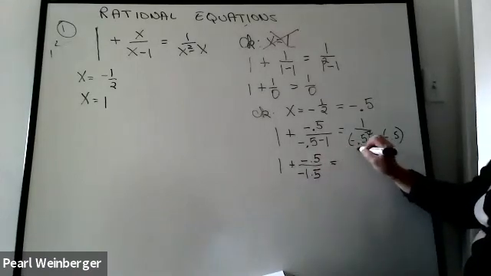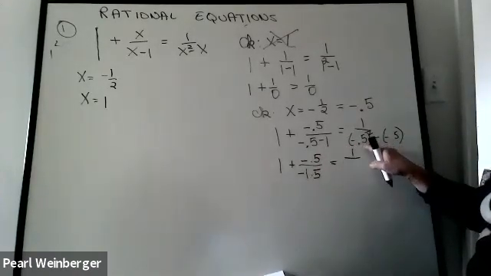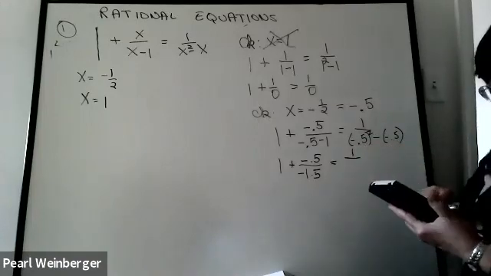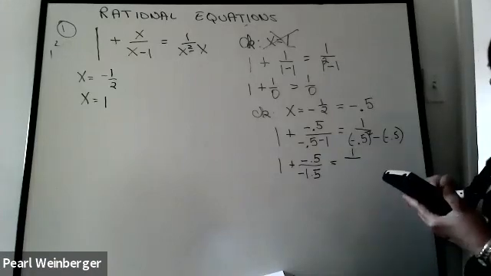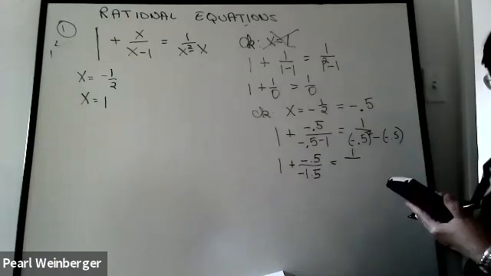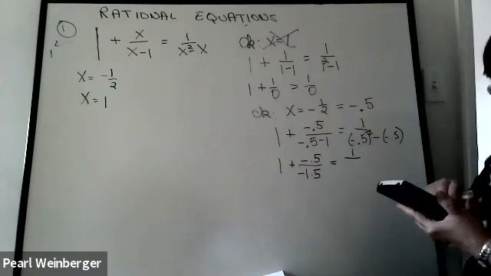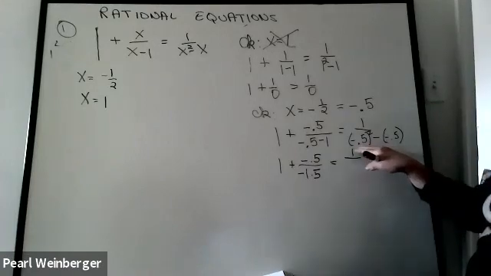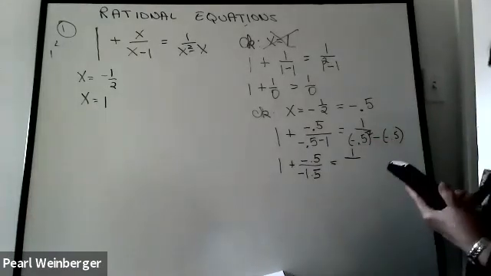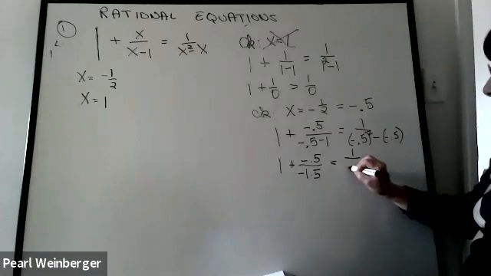And that's 1 over, well, now I'm going to put that over parentheses, negative 0.5, close parentheses, squared, minus negative 0.5. I'm putting it into my calculator exactly the way I see it, which gives me 0.75.